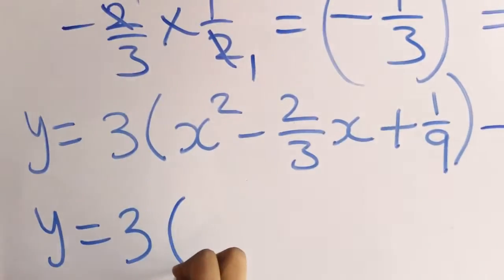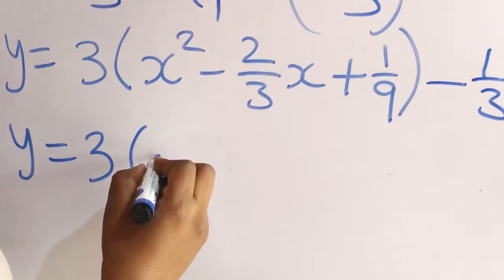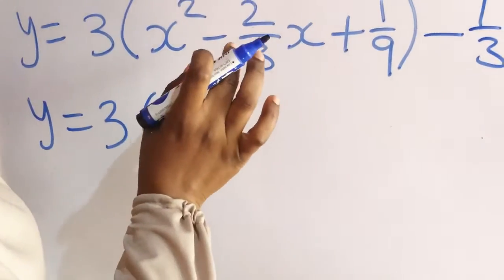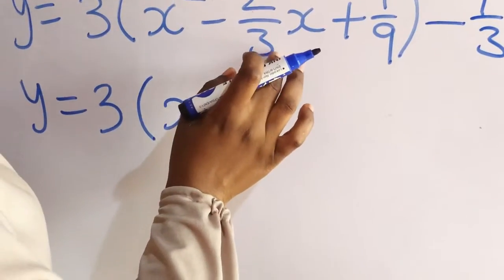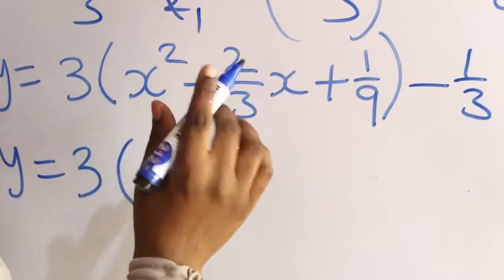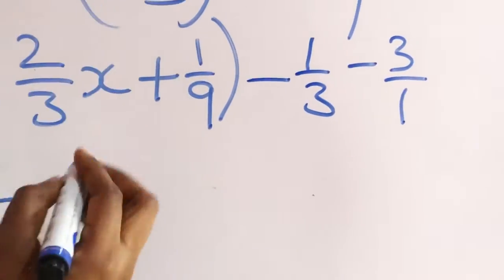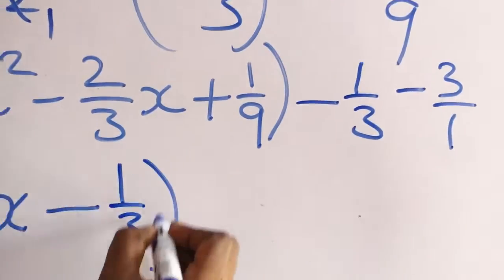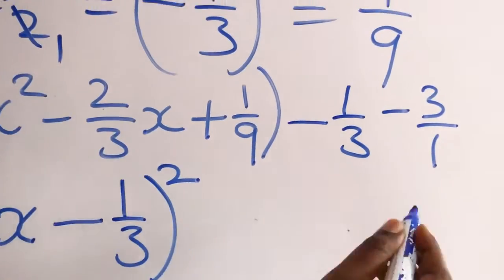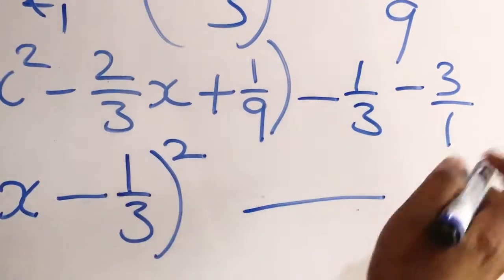If I want to write it in a perfect square way, you just take x, then the half of the coefficient of x. You put back whatever sign is there, and the half is 1 over 3. So x minus 1 over 3, then you square everything. Then let's simplify the constants.